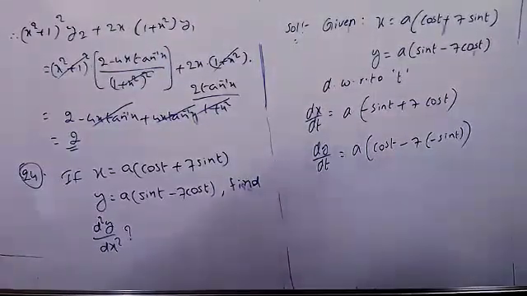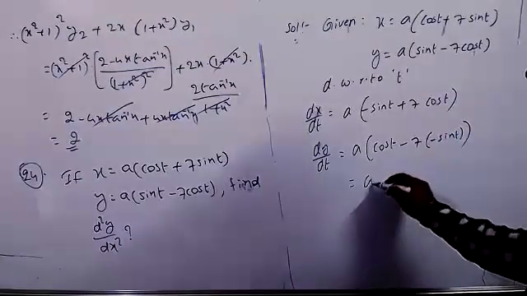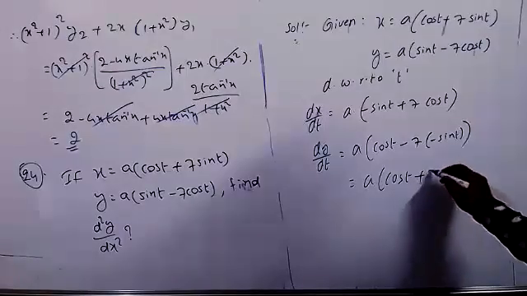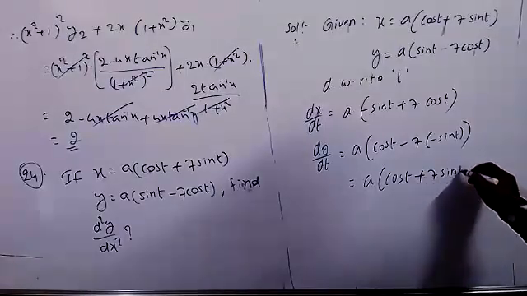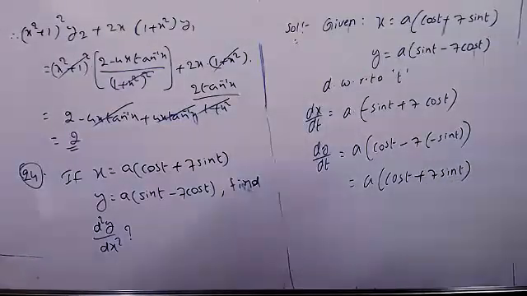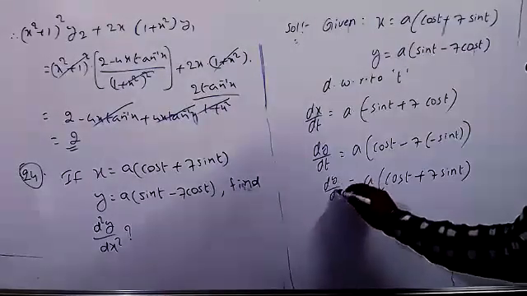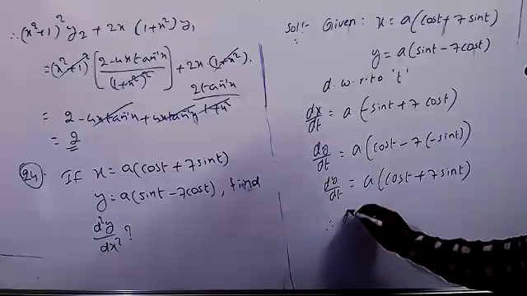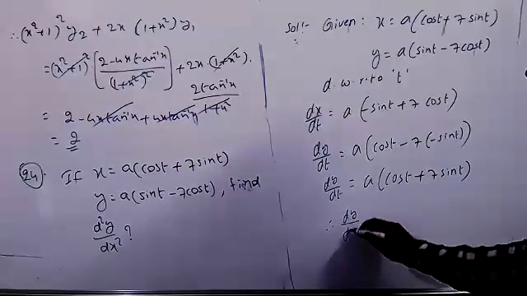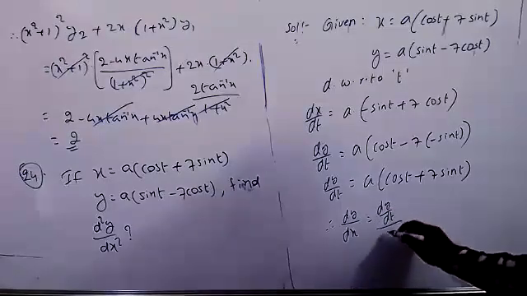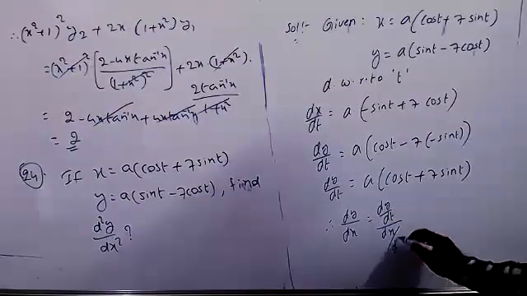Now simplify this value. So a into cos t plus 7 sin t is the value of dy by dt. Therefore dy by dx equals dy by dt whole by dx by dt.